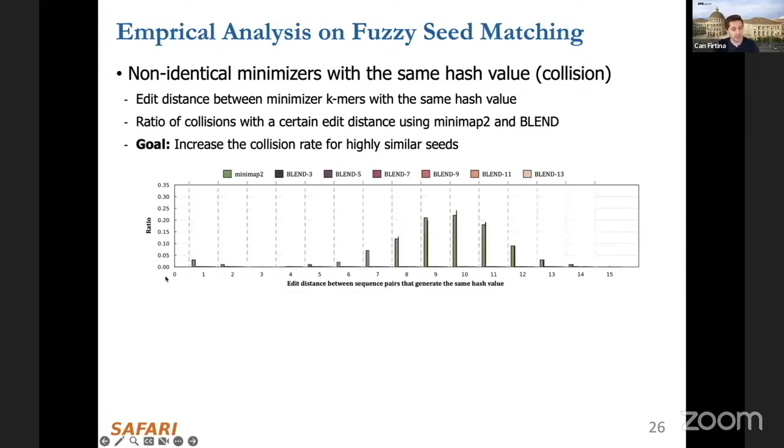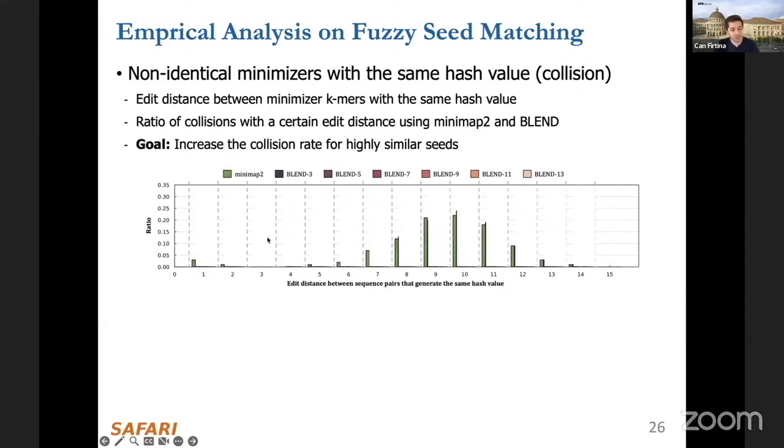This figure shows the collision ratios for Minimap2. Here we almost have a nice Gaussian distribution, where the most common ratio is around 10 edit distance, meaning whenever there is a collision between minimizers, those minimizers are not really similar to each other because their edit distance is particularly high.